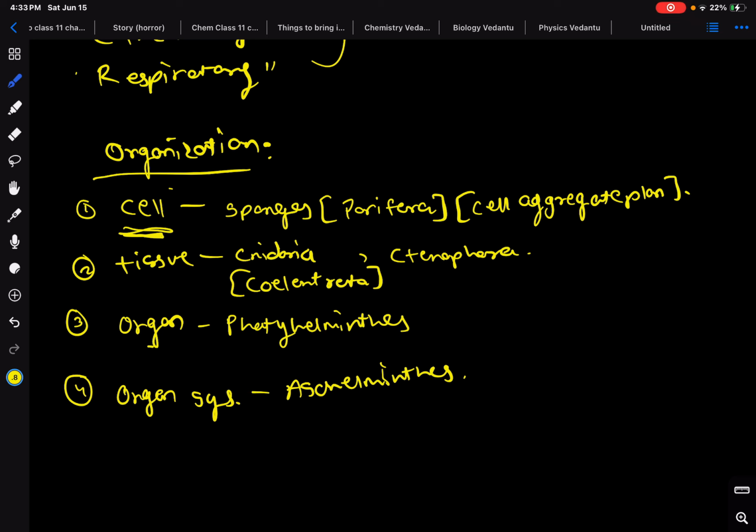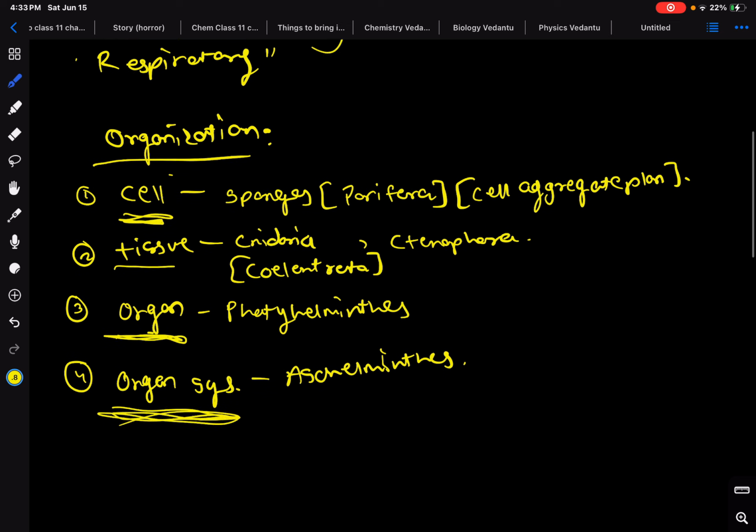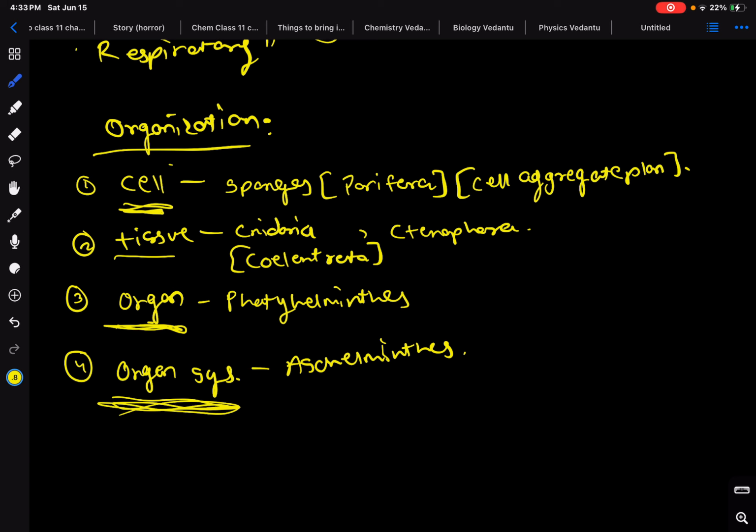Next up is tissue level, where the animals have different kinds of cells. Then we have organ level, in which there are different new organs, and then we have organ system level, where there are fully functional organ systems. Organ level of organization is found in Platyhelminths, also known as flatworms.